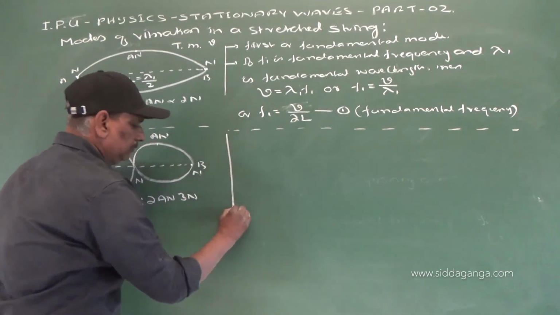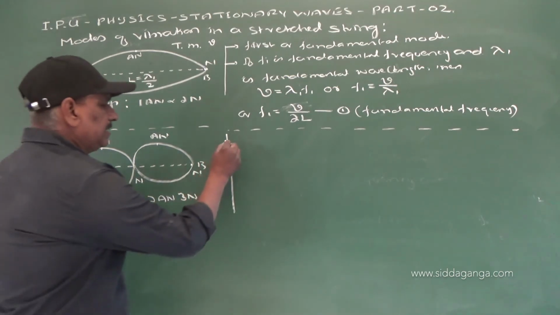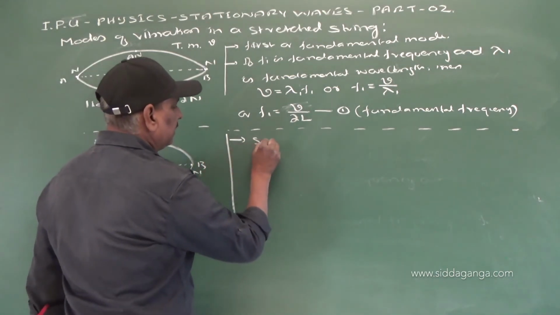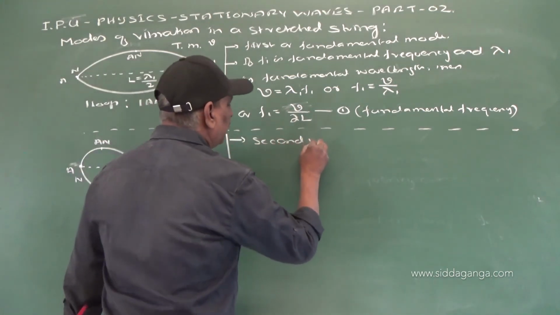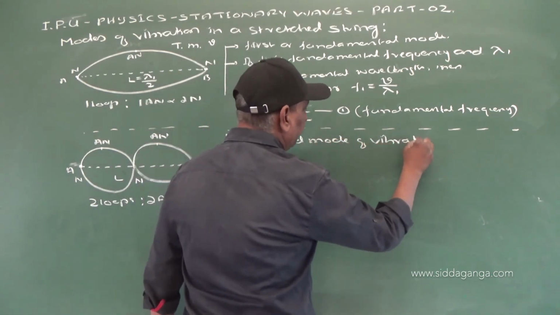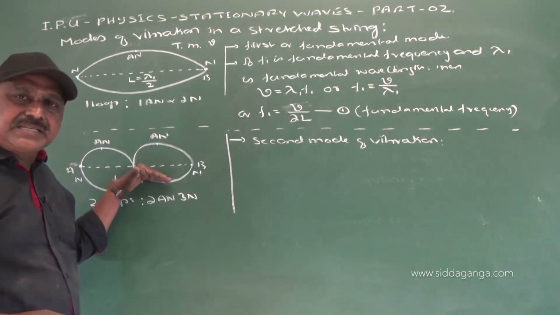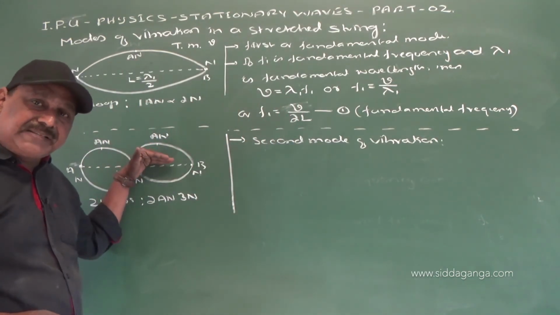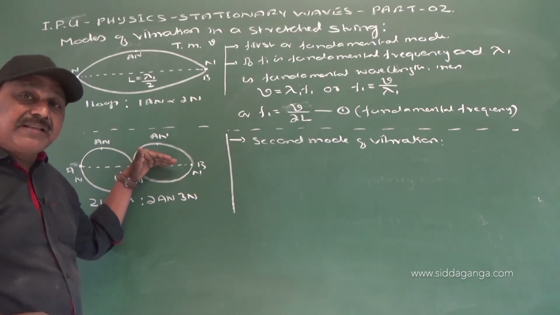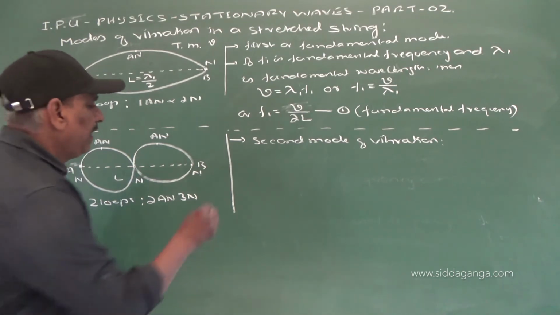Now in this case, this is the second mode of vibration. In this mode of vibration, the wavelength changes, correspondingly the frequency changes, and that frequency is called the frequency of the first overtone, right.